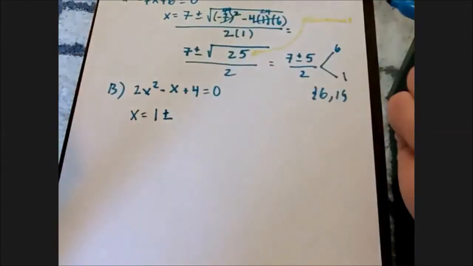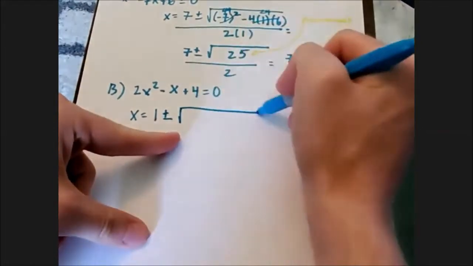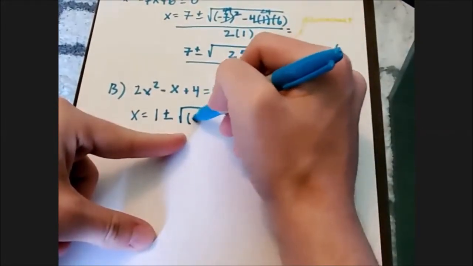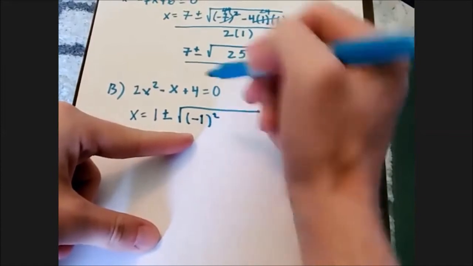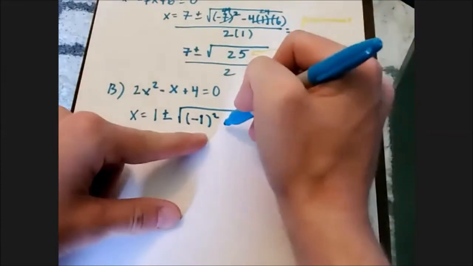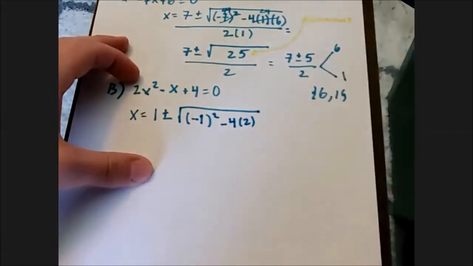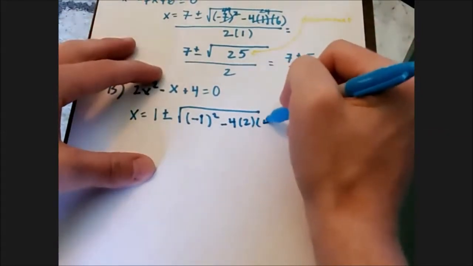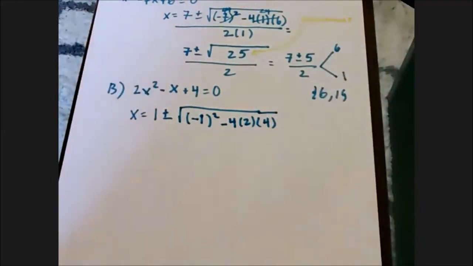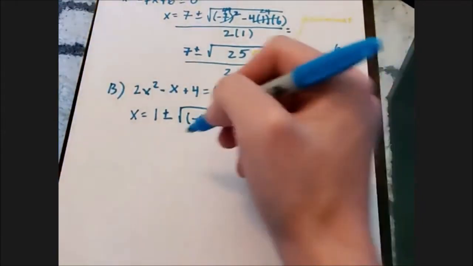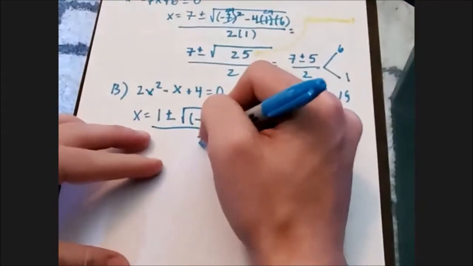Negative -1 is 1, plus or minus the square root of b squared, which is -1, again using parentheses, minus 4 times a, which is 2, times c, which is 4, all over 2a.